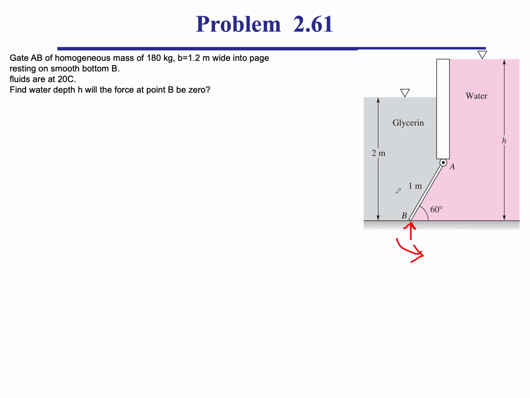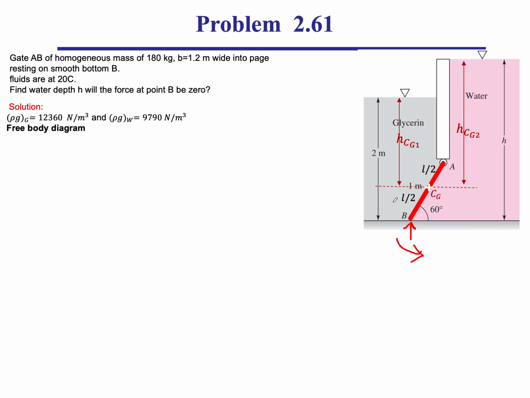All right, so let's see how we can find this height h. So let's look at the gate, because the gate seems to be our important element. Sure, there's the glycerin pressure on one side, the water pressure on the other side. So let's do a free body diagram on that pinned gate. So that's our gate. It's 1 meter in length, and its center of gravity is halfway between points A and B. So that's half a meter.